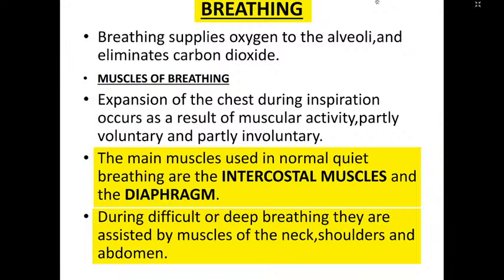So that will increase the volume. And expiration is usually a passive process. When you're exercising, the internal intercostal muscles might contract and help in forceful expiration of air, so that you can breathe faster.